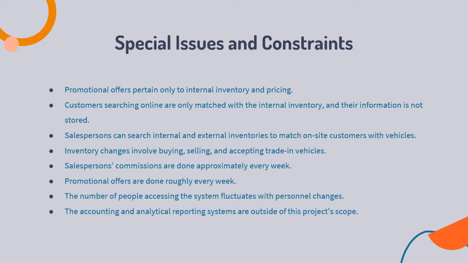Also, the number of people accessing the system fluctuates with personnel changes, so the system must efficiently add or remove customers. And to finish with this list, the accounting and analytical reporting systems are outside the scope of this project. This is the end of the system request portion of this presentation.